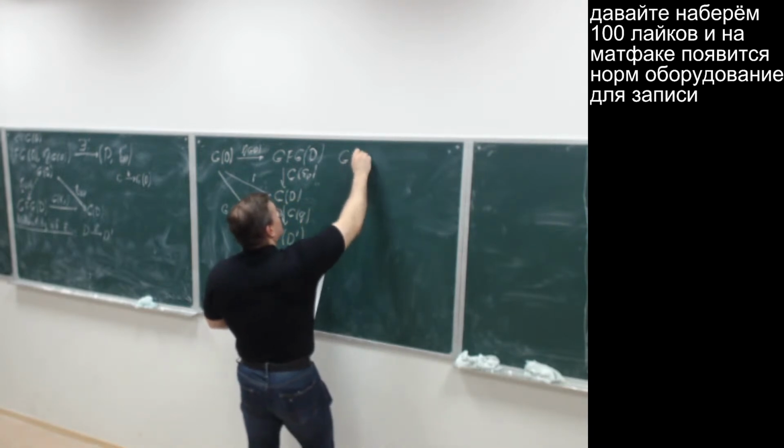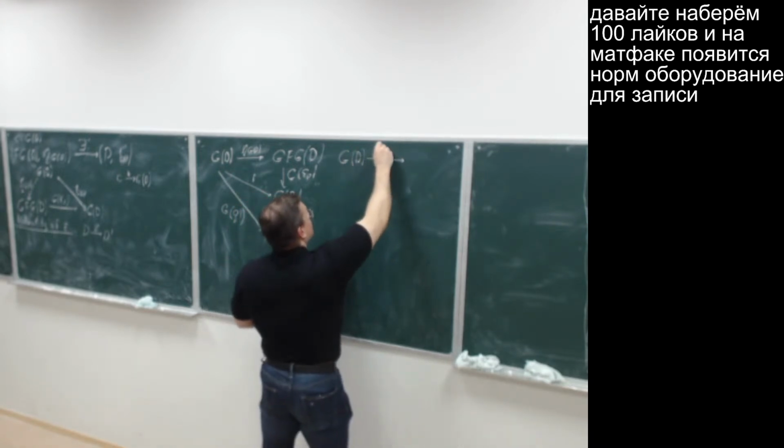Now let's look at the second diagram, where I start with the condition that eta is a natural transformation.